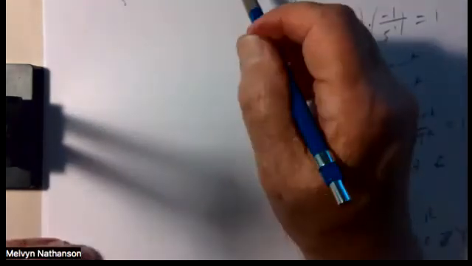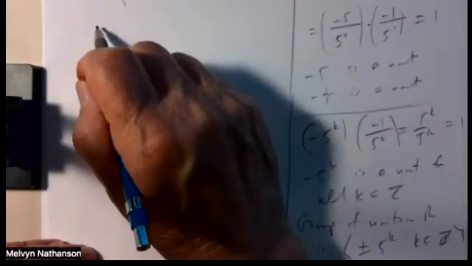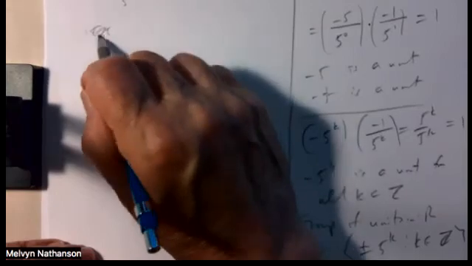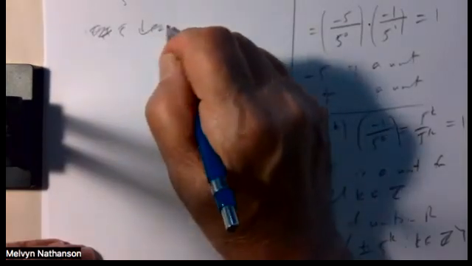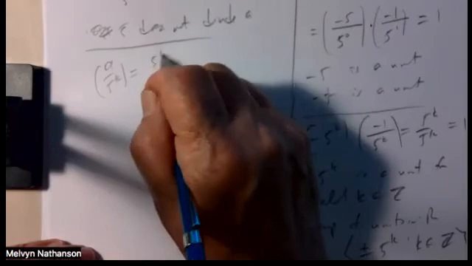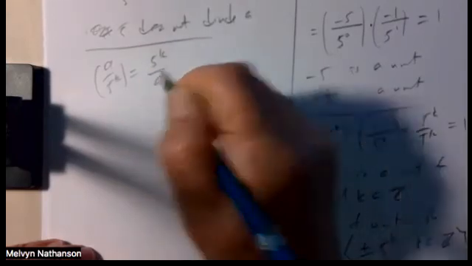Thank you. So suppose a over 5 to the k is a unit, and a and 5 are relatively prime. 5 does not divide a. But I know what the inverse of a over 5 to the k is. It's 5 to the k over a.